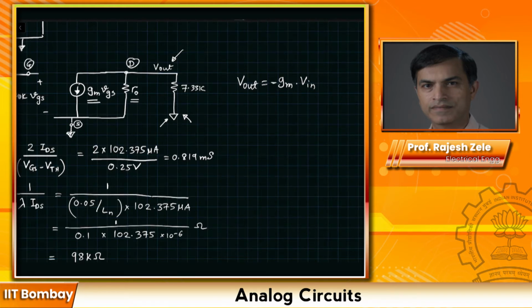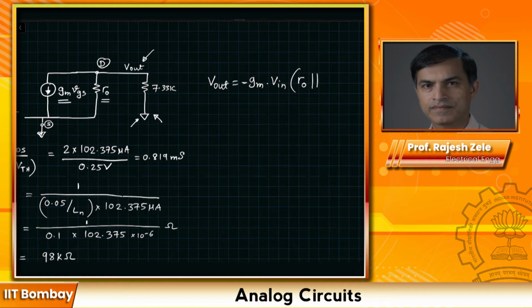That current is going to flow through our two resistors in parallel, R0 and 7.33K. R0 parallel RL, that would be your V out. So the gain expression is V out divided by V in, and that will be minus GM times the parallel combination. RL is equal to 7.33K and R0 is equal to 98K.